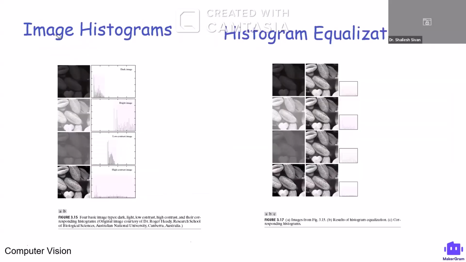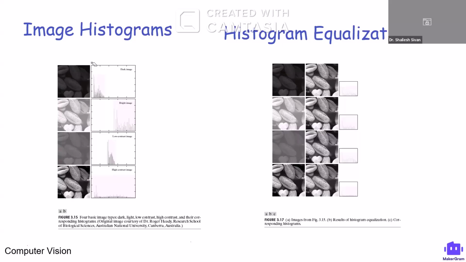This is the histogram. We are going to discuss histograms in a detailed way because we have practicals on histogram. We know each pixel can be in the range of 0 to 255. So on the x-axis, we keep 0 to 255.